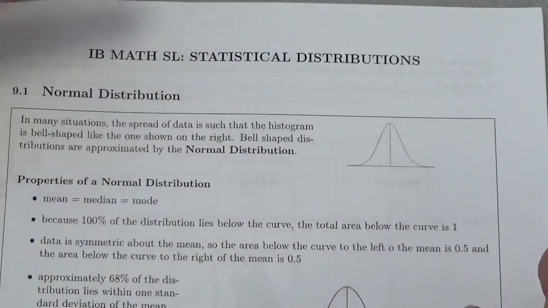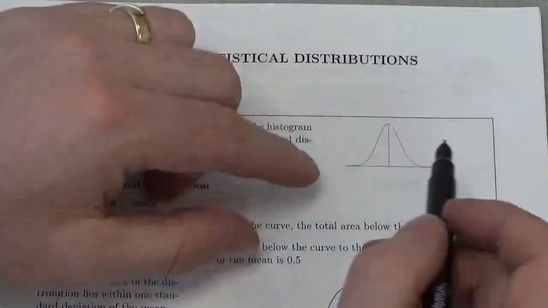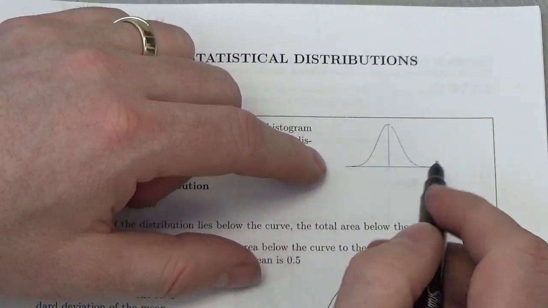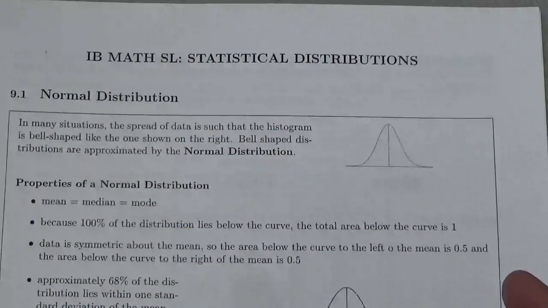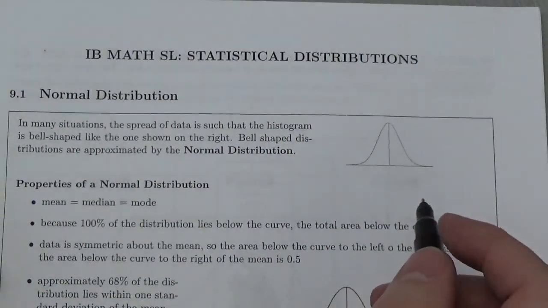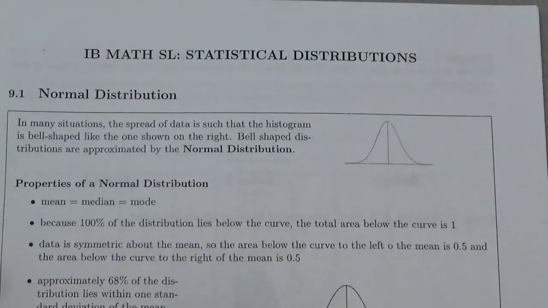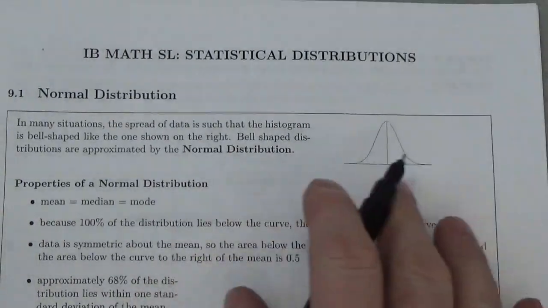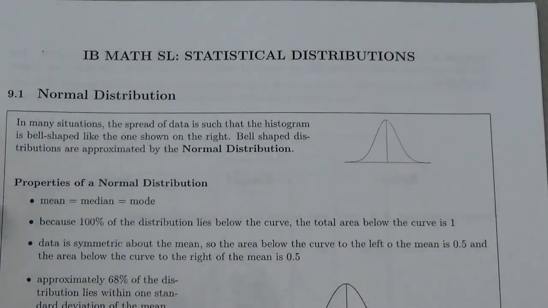In smaller populations you might not get this nice curve showing up, but if that population gets larger, typically it will. So now let's take a quick look at some of the properties of the normal distribution that make it what it is.